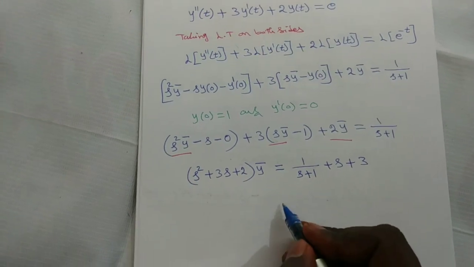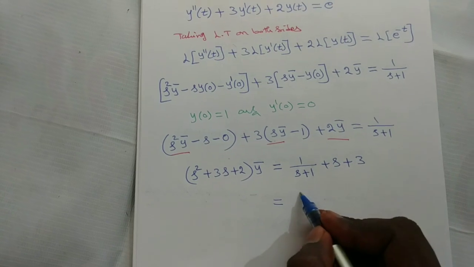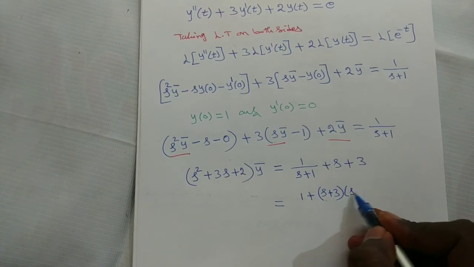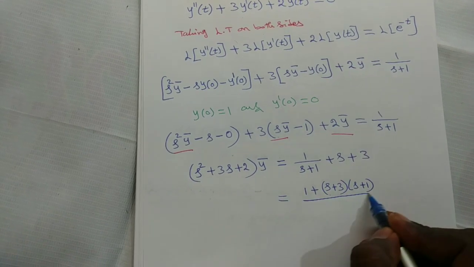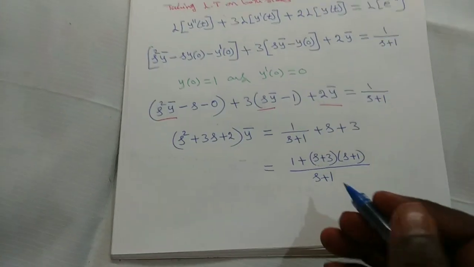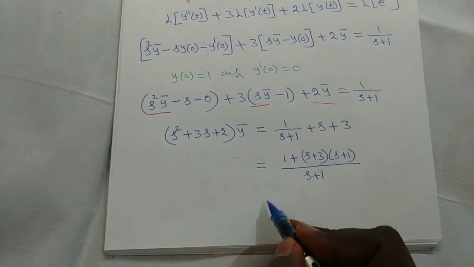Now I am going to take the LCM: [1 + (s + 3)(s + 1)] divided by (s + 1). Now in the numerator I am going to simplify.